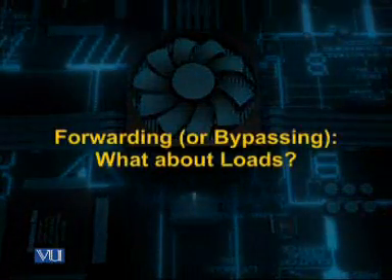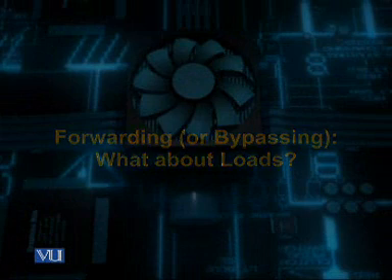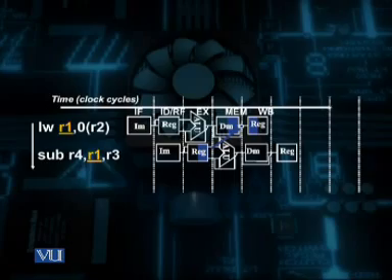However, there may exist certain situations when forwarding is not possible. For this case, let us consider this example over here, where the first instruction is the load instruction and the second instruction is the subtract instruction. We know that the load instruction will obtain the required operand only after performing the read from the memory.